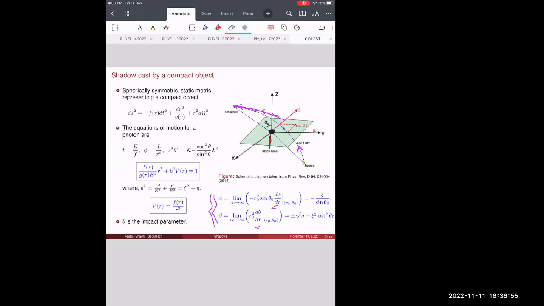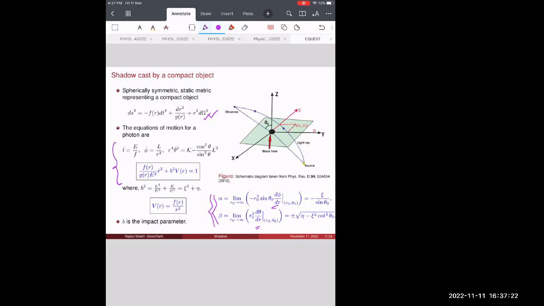Now let us assume that the gravitational field of this compact object is given by this space-time geometry. In this space-time geometry, if we solve the geodesic equations, we find these separated geodesic equations. By separated, I mean generally geodesic equations are coupled and second order.